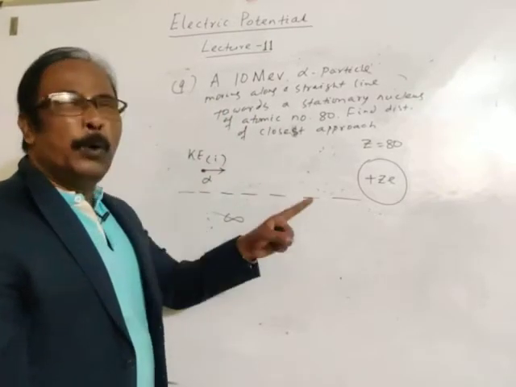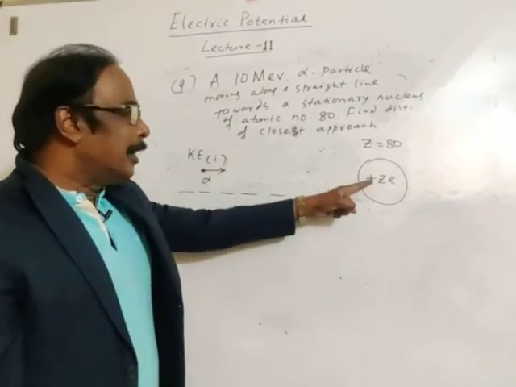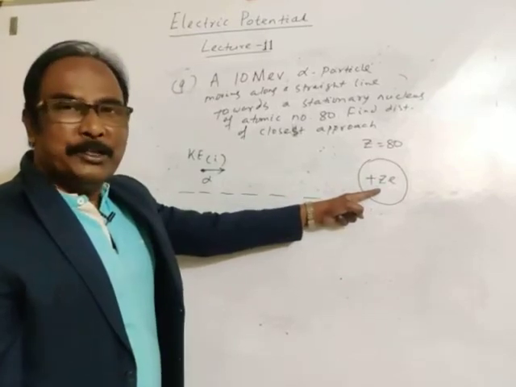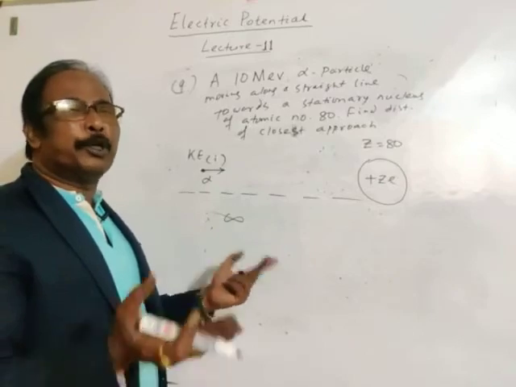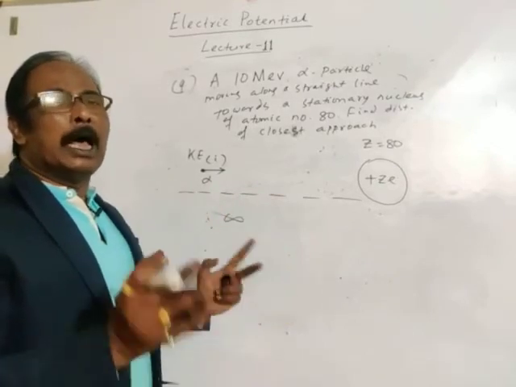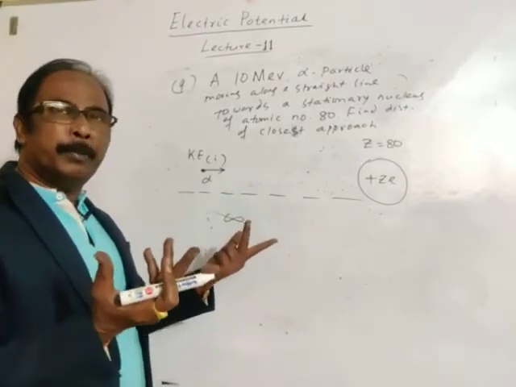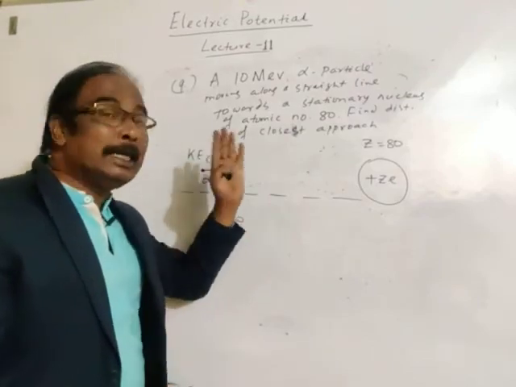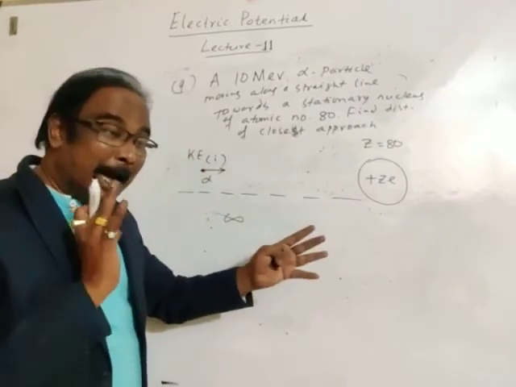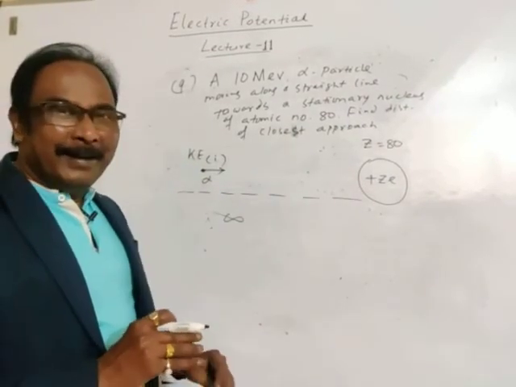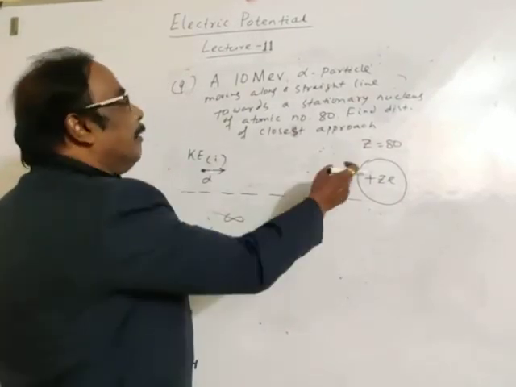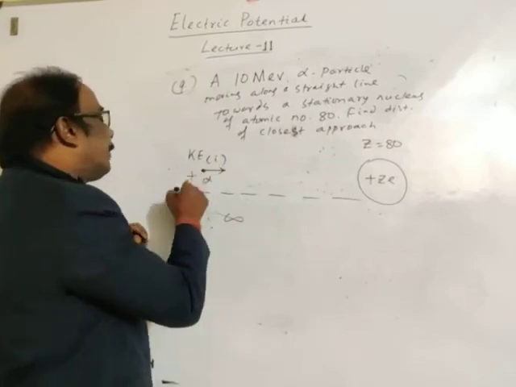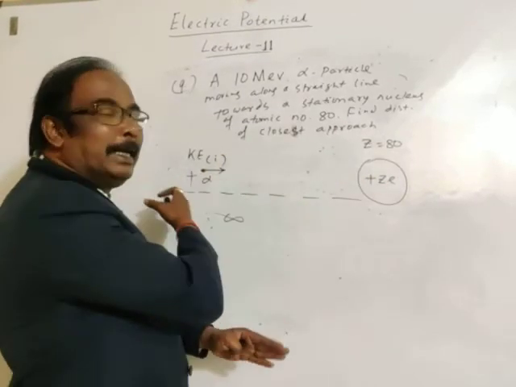So there is no influence of electric field produced by this nucleus on the alpha particle, because alpha particle starts its motion from infinity. When it approaches the nucleus, means in the electric field of nucleus, then nucleus is positive, alpha particle is positive, then it will repel it.